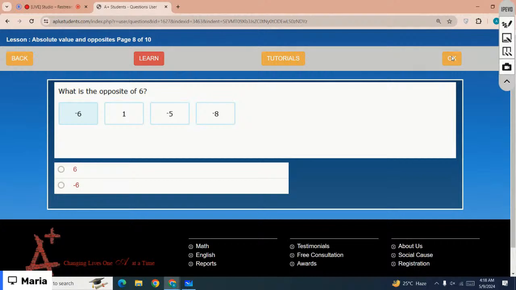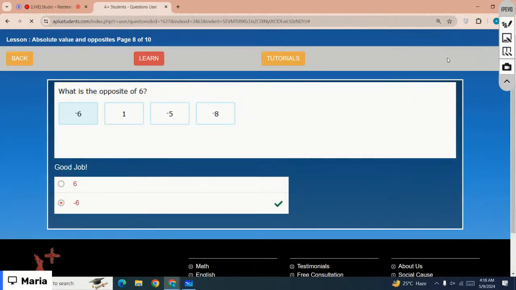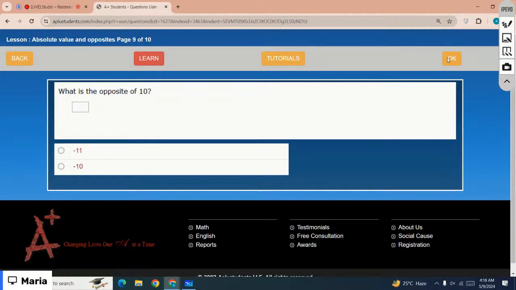What is the opposite of 6? That is negative 6. What is the opposite of 10?